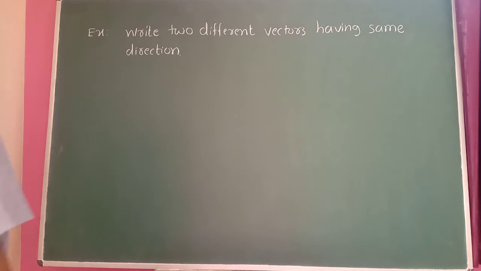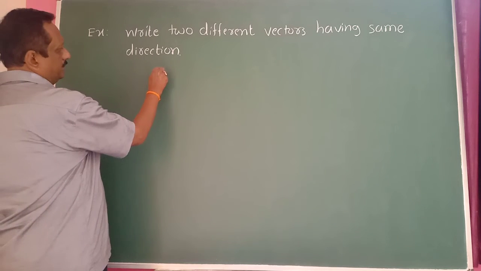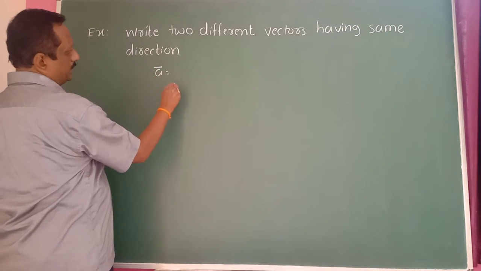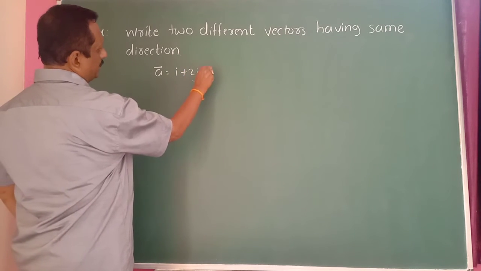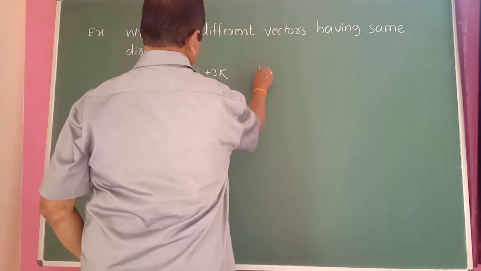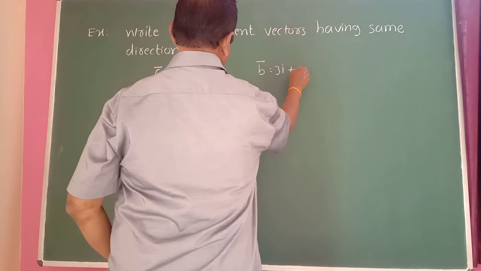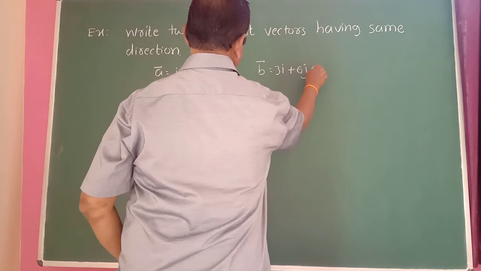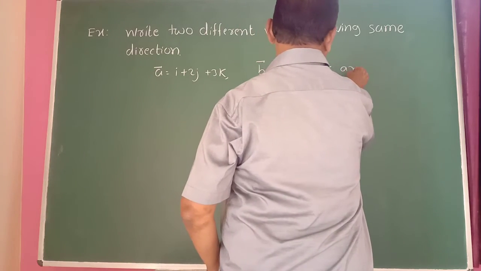So write two different vectors having the same direction here. Consider a bar is equal to i plus 2j plus 3k and b bar is equal to 3i plus 6j plus 9k, two different vectors here.